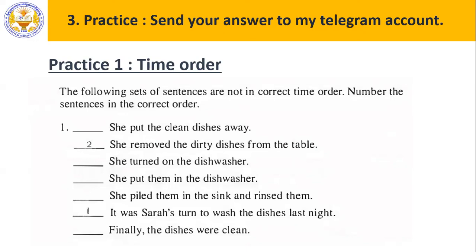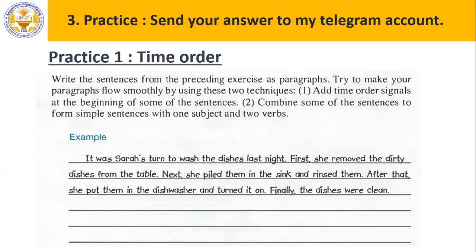The first practice is about time order. The following sets of sentences are not in correct time order. Number the sentences in the correct order. So put them in order, right? Send the answer to me. Time order again.